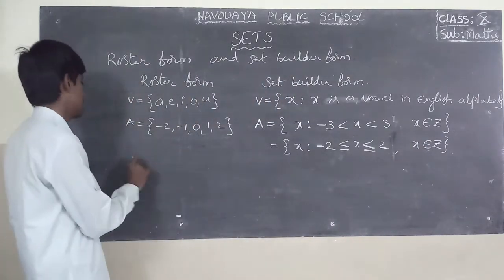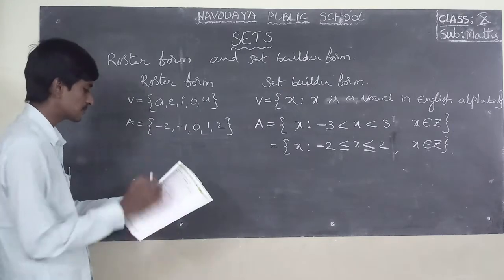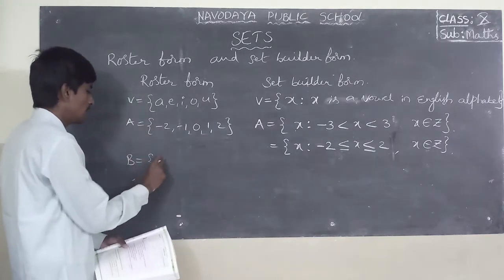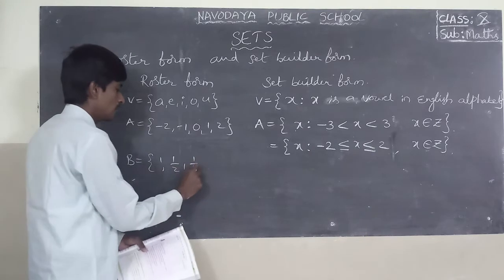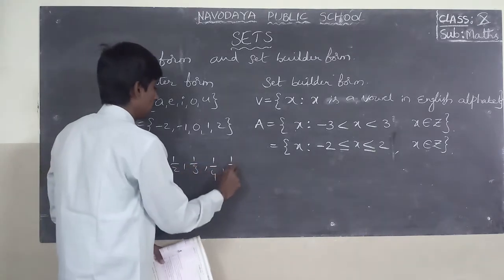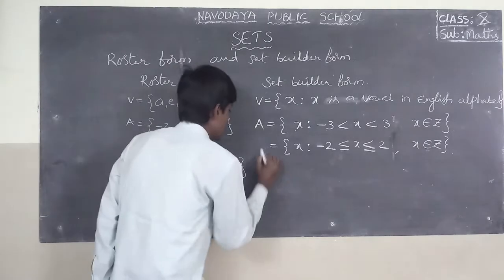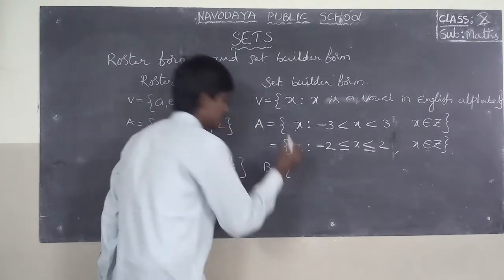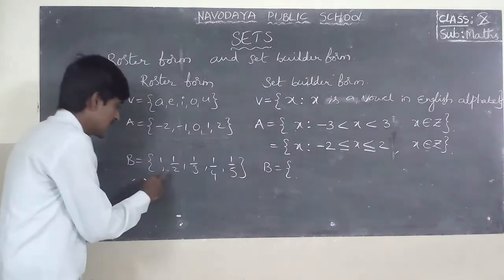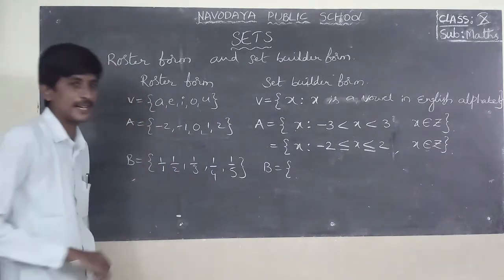Okay. Third one. For example, B equals 1, 1/2, 1/3, 1/4, 1/5. B is equal to, this is 1/1, for example.